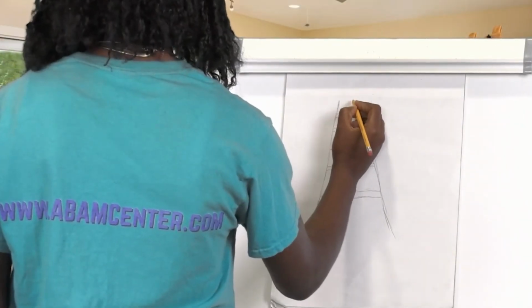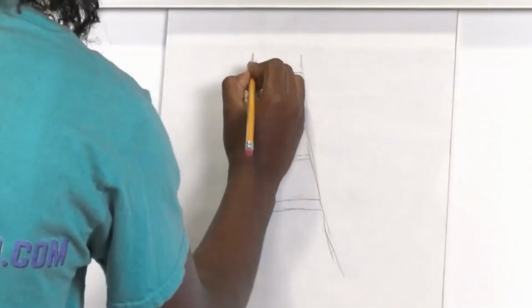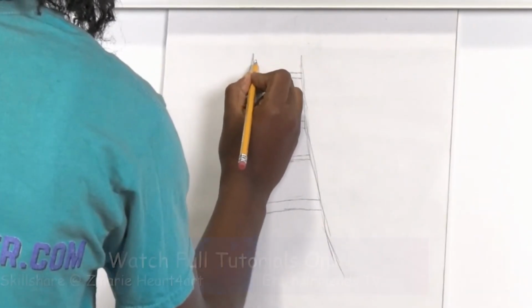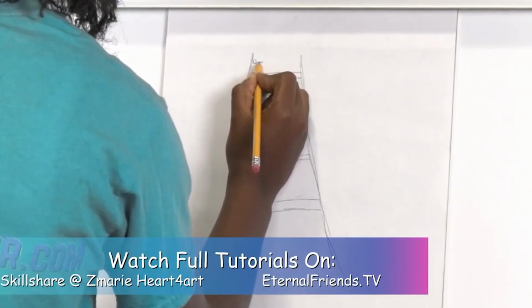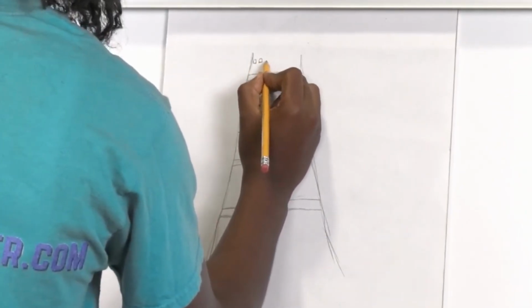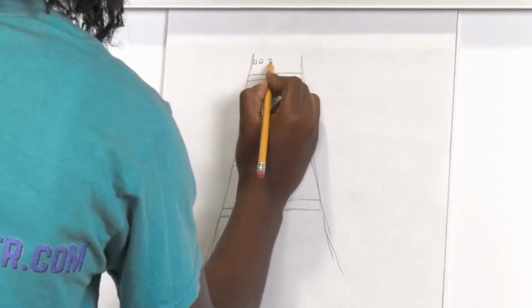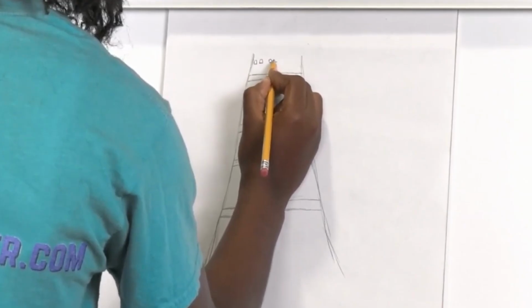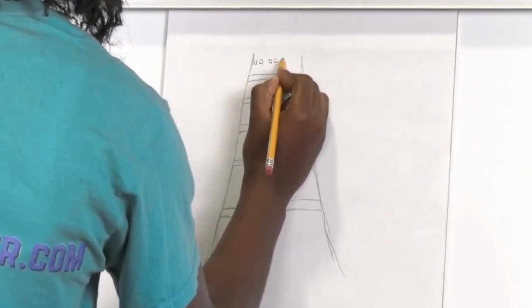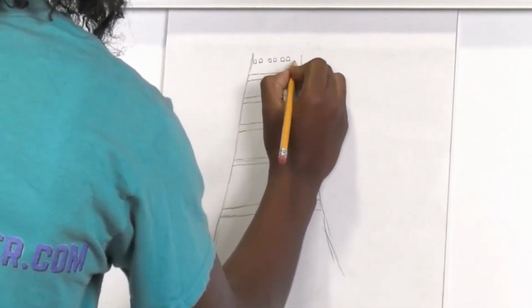So we're going to do 2, 4, 6, 8 small windows up top. Got 1, 2, got 3, 4, 2 more.